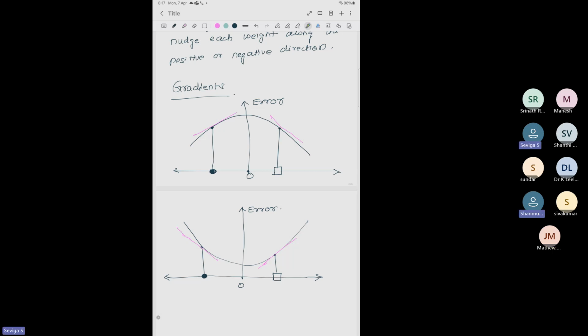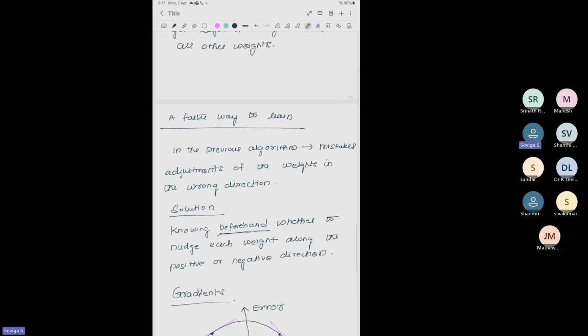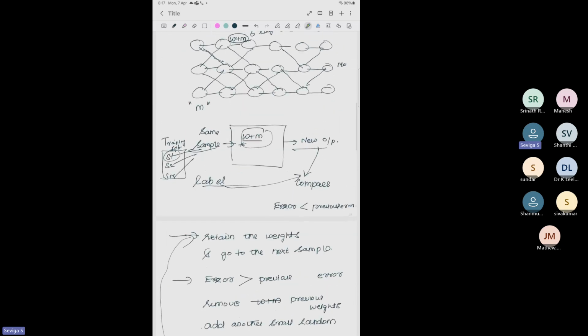We are going to compare with the label and then we are going to get it. How do we get this curve, whether it is an upward curve or a downward curve? What we are doing is comparing for every weight. So this is not going to happen in a single instance.